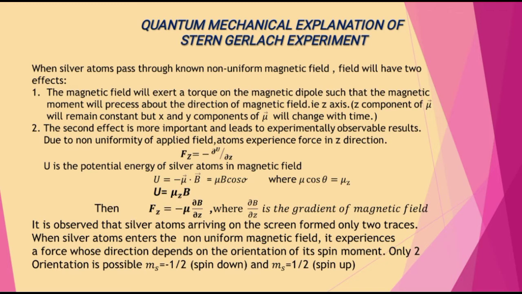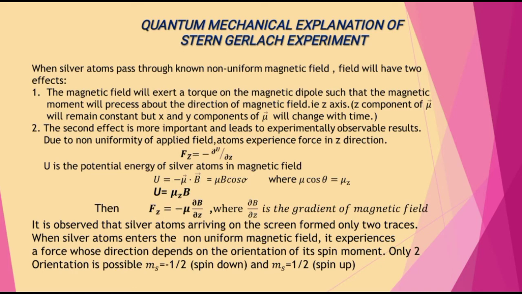By quantum mechanical explanation, when silver atoms pass through a non-uniform magnetic field, the field will have two effects. The first one is that the magnetic field will exert a torque on the magnetic dipole such that the magnetic moment will precess about the direction of the magnetic field, that is, along the Z axis.